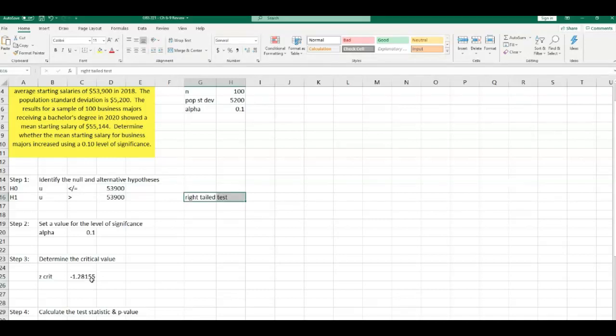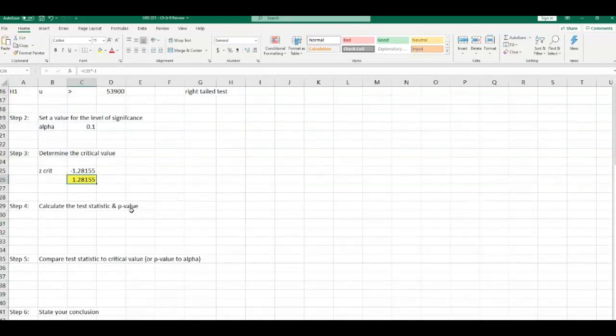So that means that your critical value here, we're going to want to show it over on the right side of our bell curve. So this needs to be a positive value. So we'll just multiply this by negative 1, and this will be our critical z-score that we'll use in step 5.